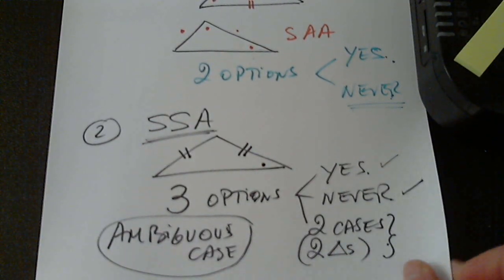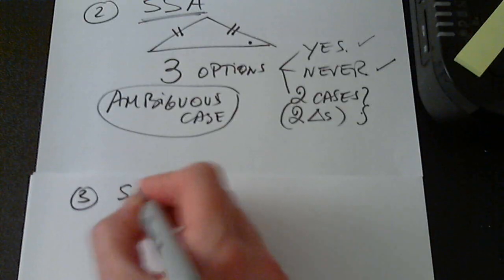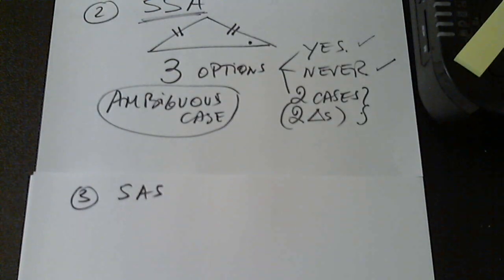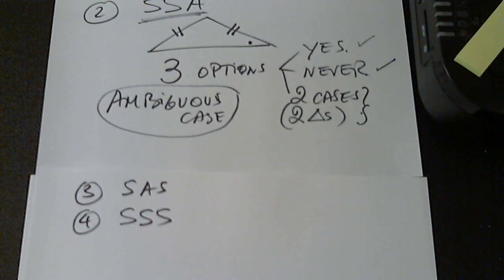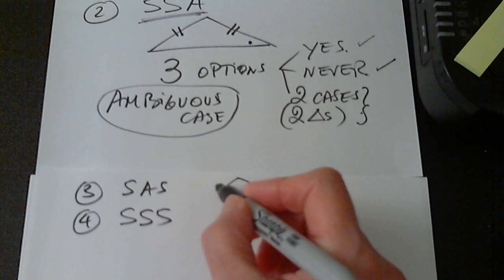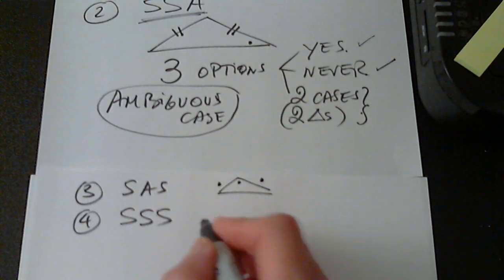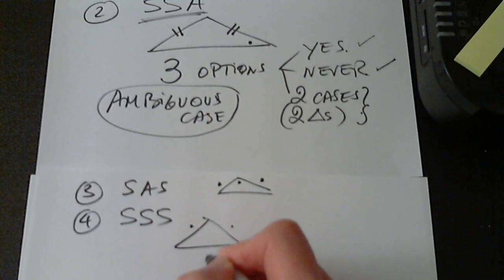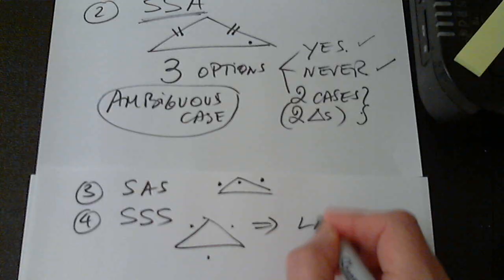There are two more cases, which is side, angle, side. And number 4, side, side, side. Side, angle, side means side, angle, and side. Of course, side, side, side means side, side, side, and no angles. This is only law of cosines.